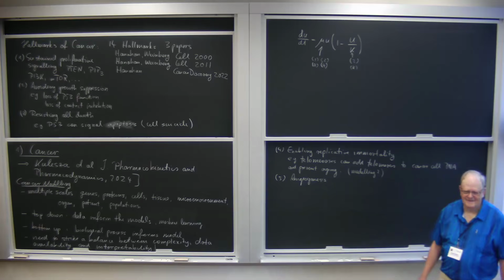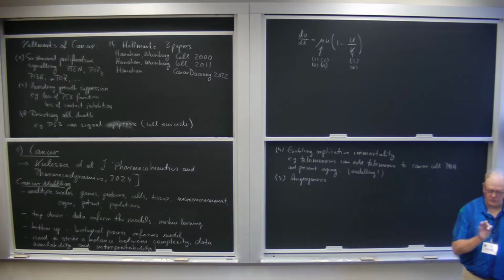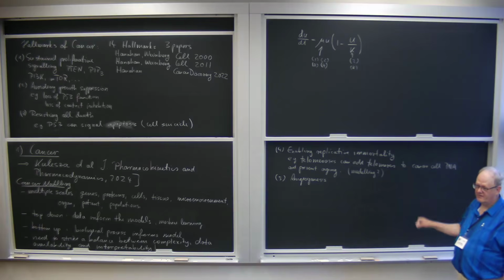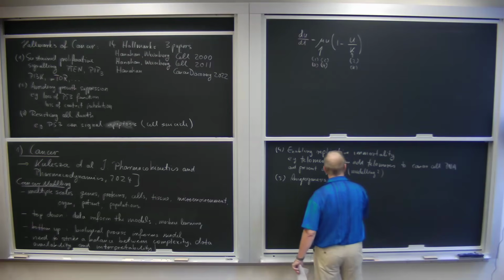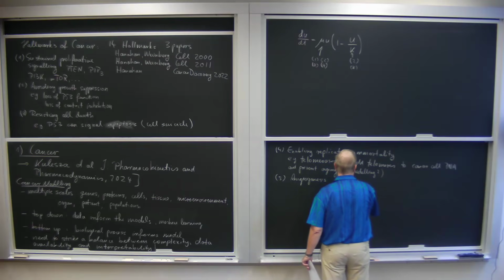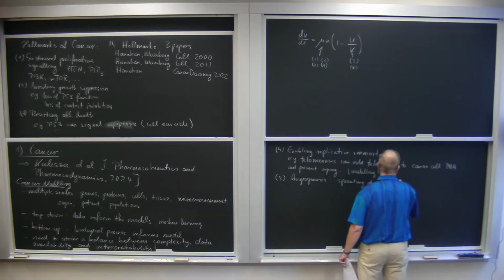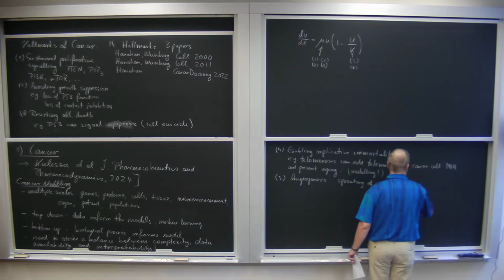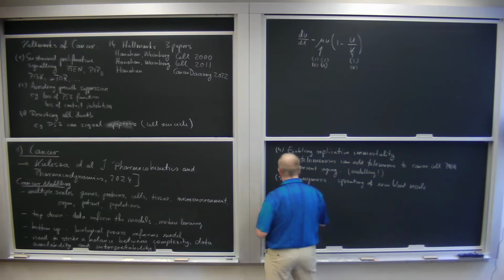Yeah, very good, thank you. So this is the initiation of new blood vessels which grow towards the tumor and then supply the tumor with blood. So sprouting of new blood vessels towards the tumor.